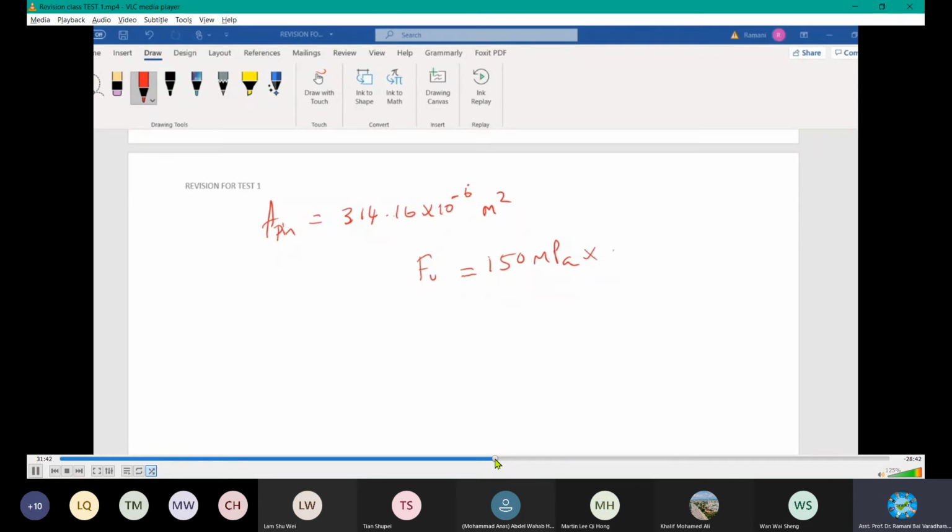Area is how much? This one, A_P. I substitute the value itself. Convert the megapascal value, everything you convert into 10 power 6 pascals, Newton per meter square. What is it? Area 3.314 into 10 power. You put the points, everything. Okay, put the points.